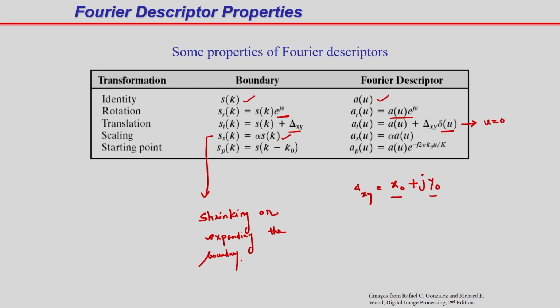That is the scaling. So what is happening if I do the scaling? That is nothing but the scaling of the Fourier descriptors, because the Fourier descriptor is multiplied with alpha.